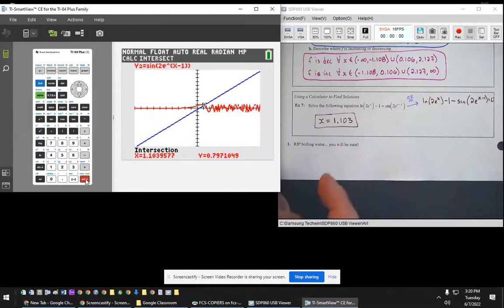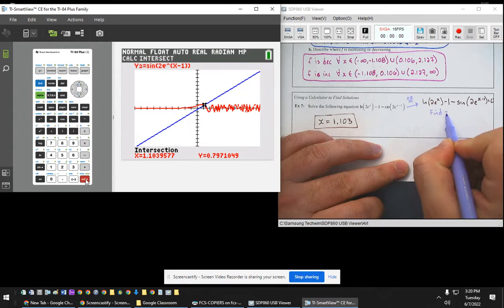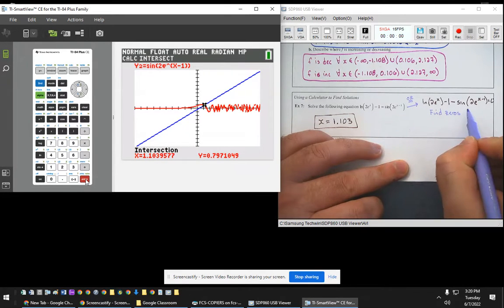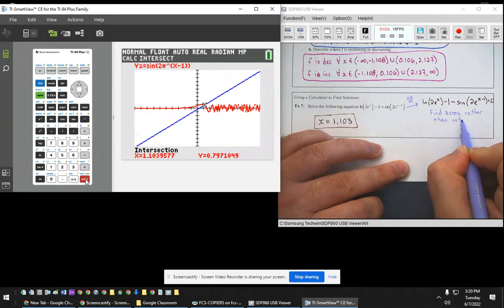And now I can find zeros rather than intersect.